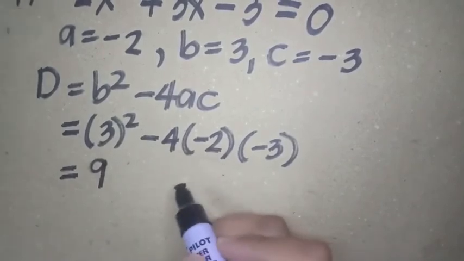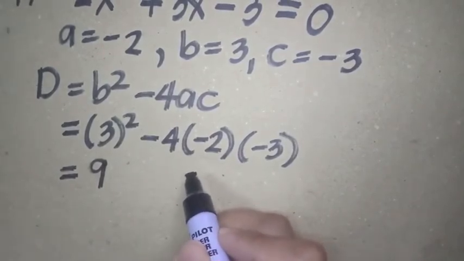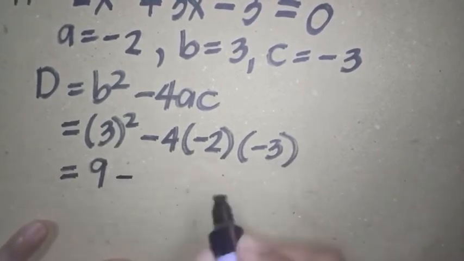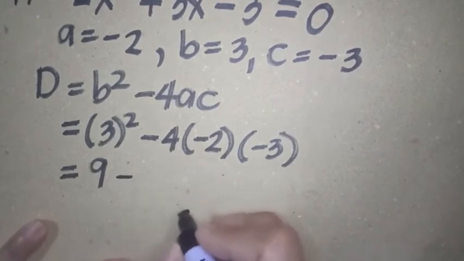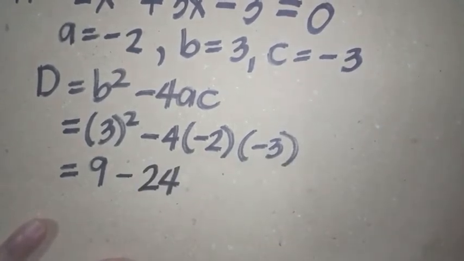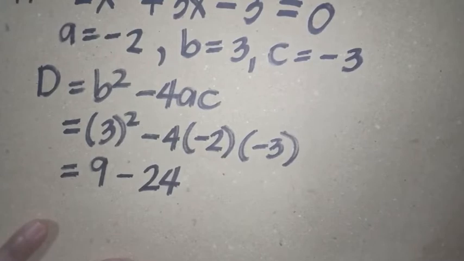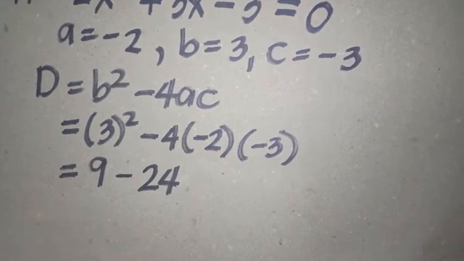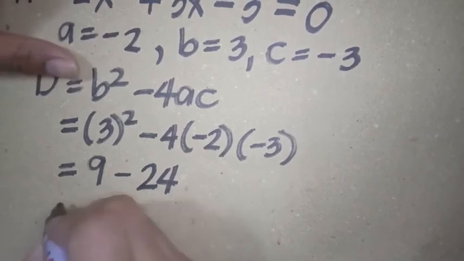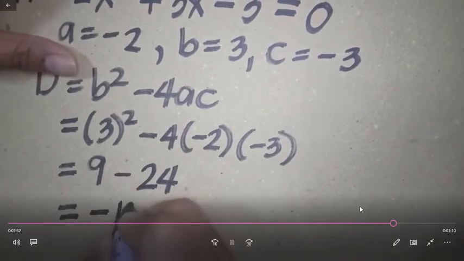Negative 4 times negative 2 is positive 8 times negative 3. So we have negative 24. So we have 9 minus 24, you have negative 15.